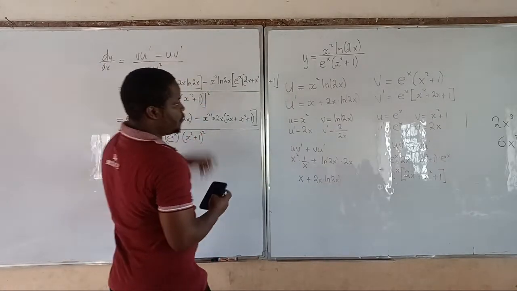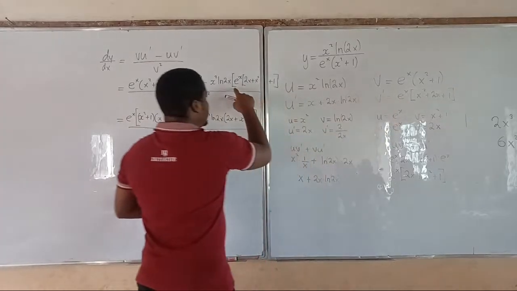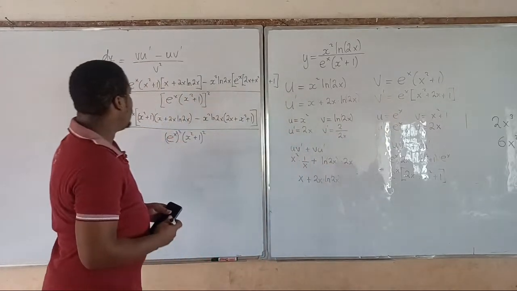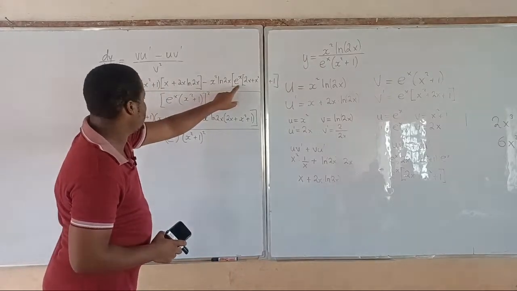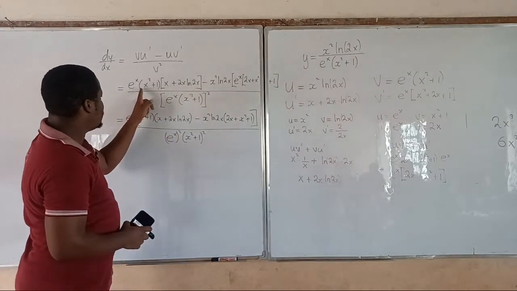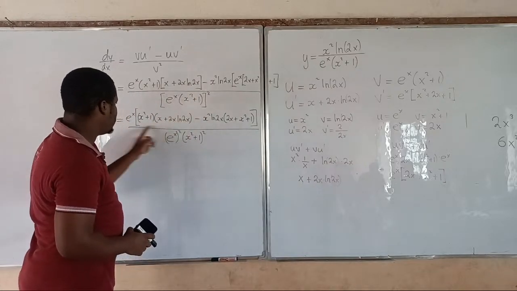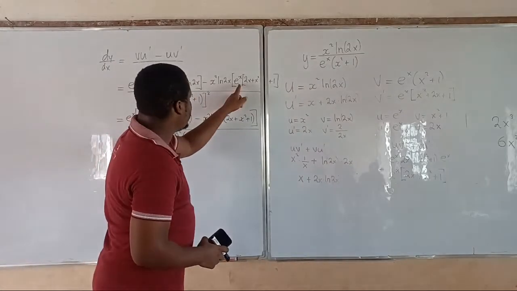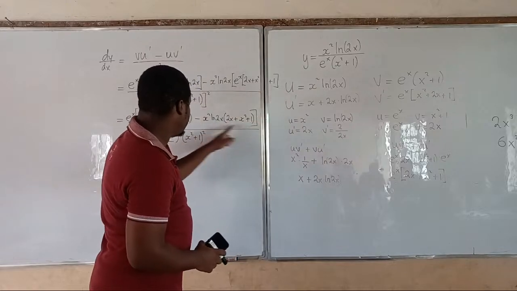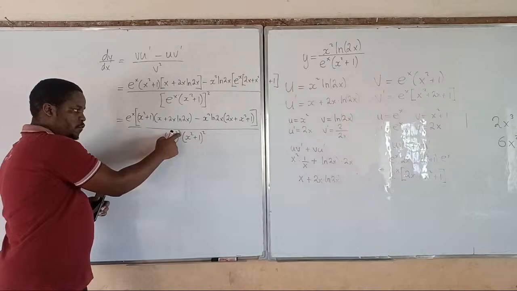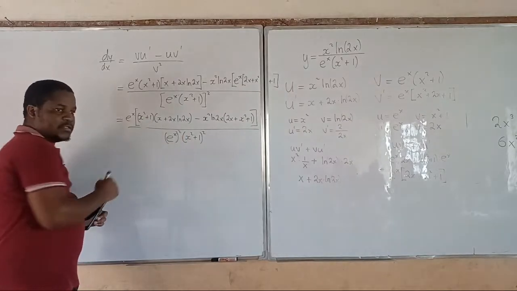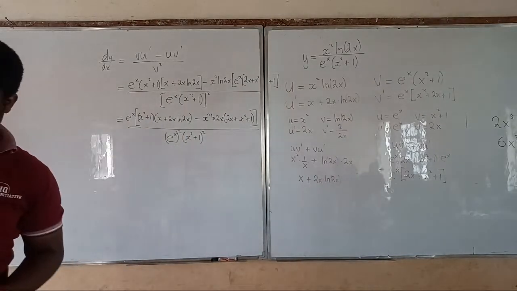Our V prime is this whole guy. So what we did here is, there's e^x here, then there's e^x there. So I just factor out e^x and write down what remains, which is this part. Same thing, I just move e^x, write down what remains, which is this part. Then I said e^x and one of these, because there are two of them, one of these can just cancel. And that's your answer.